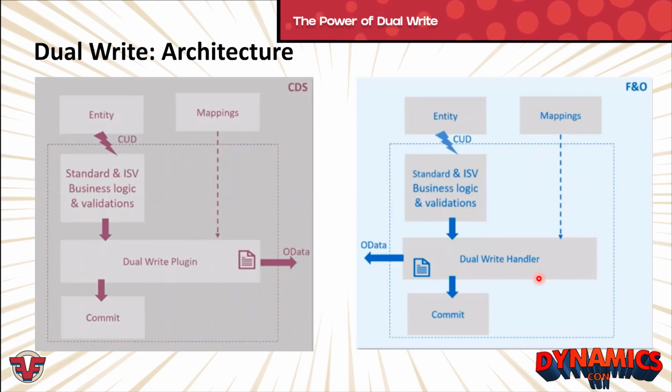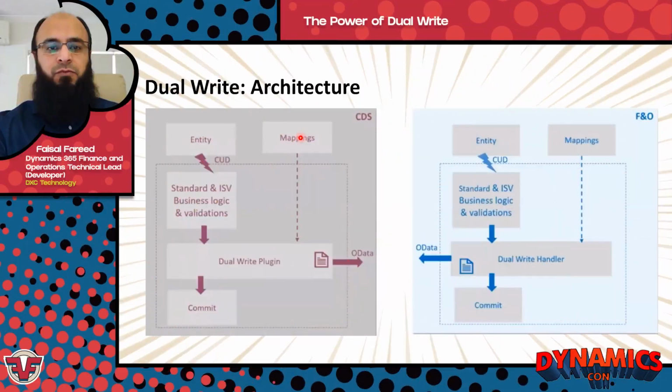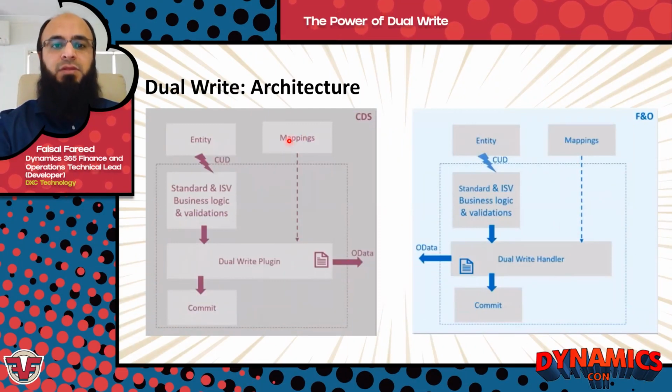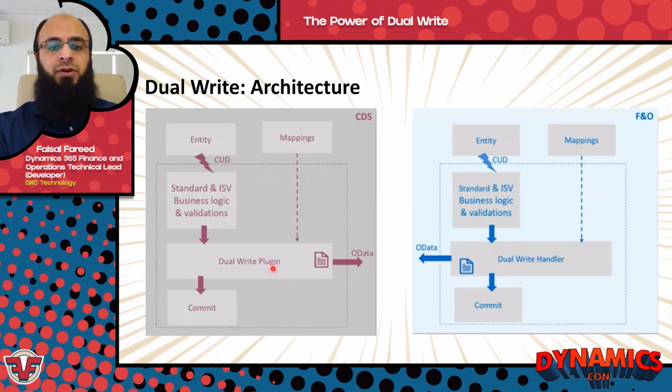Once these event handlers and plugins trigger, both sides of the application use mappings. Where do these mappings come from? These mappings we will define as part of the dual write, which I'll show you shortly. But this will not be hard-coded data. It will be using all the mappings, and from the FNO side and the CDS side, we all have mappings defined.